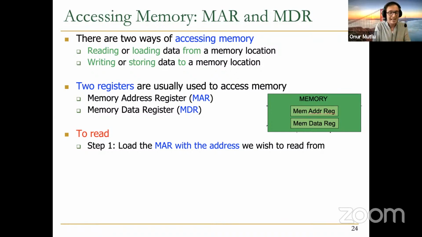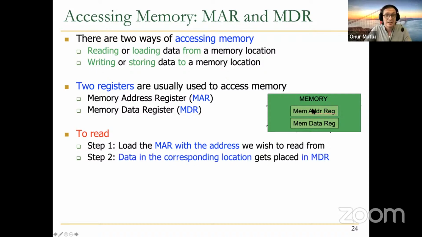But once you put the address, the memory with its combinational and sequential logic accesses things internally because you have an address in the decoder, right? And the data comes out from the location corresponding to the address, and it gets placed in the MDR by the memory.